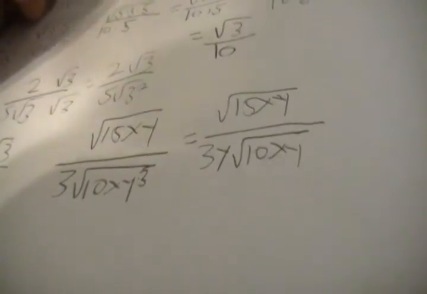Okay? Yeah, I believe that's right. Yeah, 3y times square root of 10xy. Now we gotta make sure that the bottom doesn't have a radical, so what we're gonna do is multiply both the top and bottom by square root of 10xy.